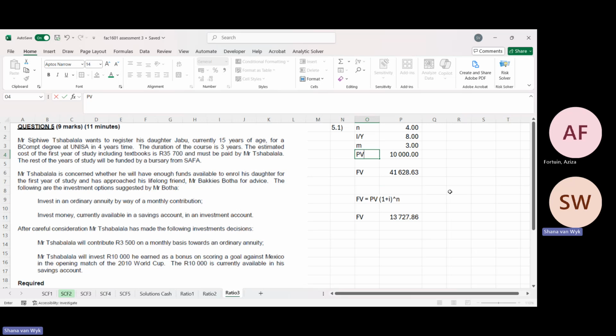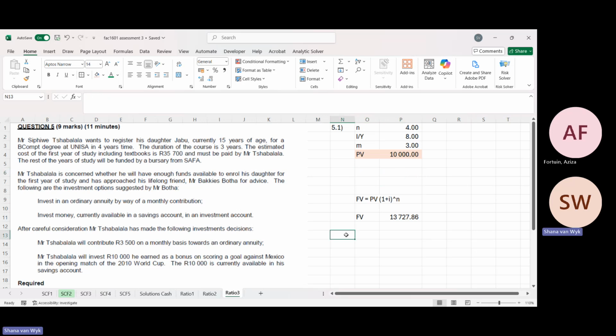Then we have this one, and then we have 8. Compute future value. 13,000. Yeah, okay, that was my mistake. This one should have been PV, not payment.